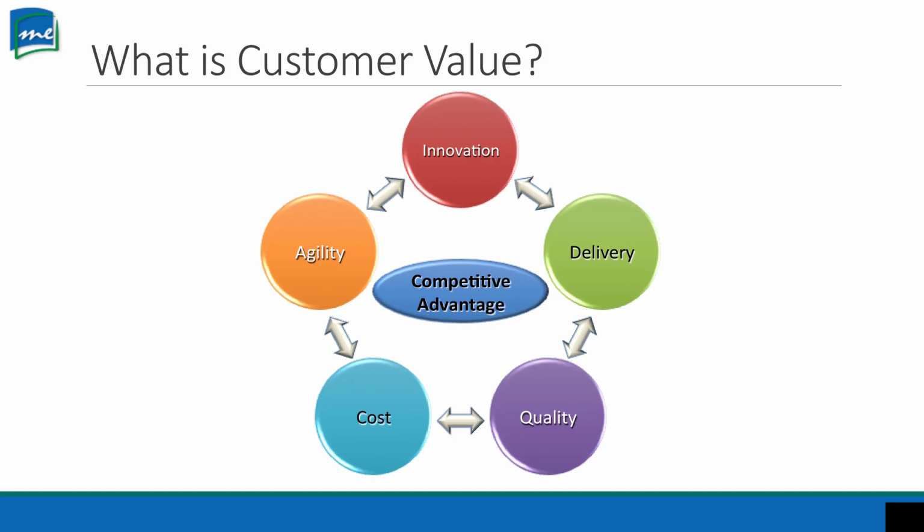Delivery might be Amazon. Agility might be another company. Cost, why don't we say Walmart? Quality, well, I'm sure you have one in mind for that. So you can identify companies that kind of specialize in certain areas.